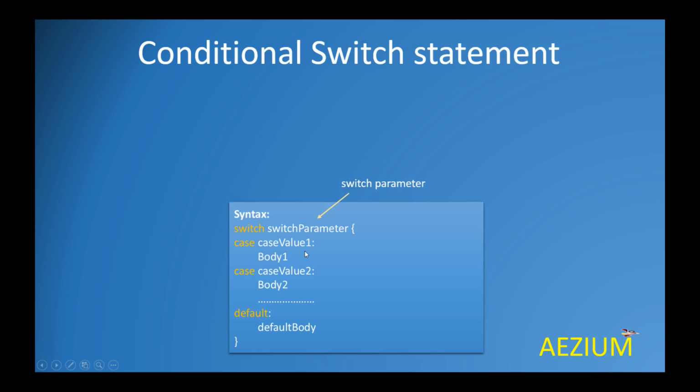There is no need for curly brackets for the body of a case. One important thing to bear in mind is that in Swift we are not allowed to have a case which has no code within its body. So for each case we should have a code to ensure that we don't see an error.